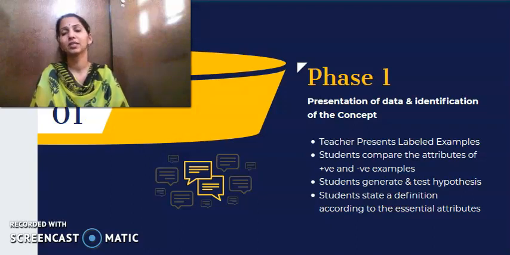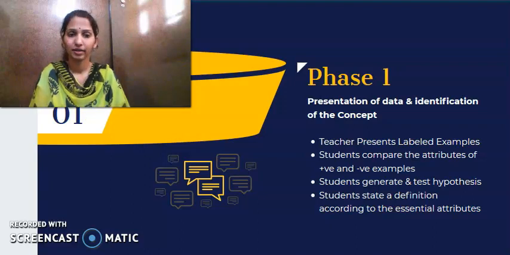Then the teacher presents the third set of examples. Here also the students identify and generate a hypothesis. They are going to test the hypotheses made at the three stages, and by the end of these three examples, the students would have got a crude idea about the concept.